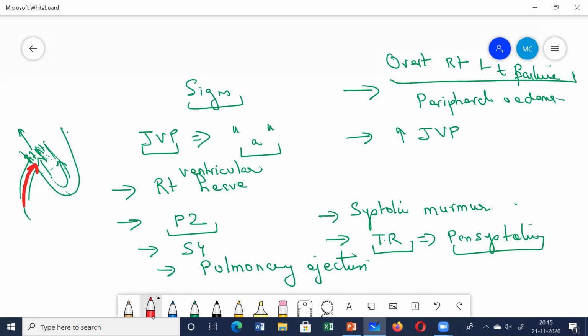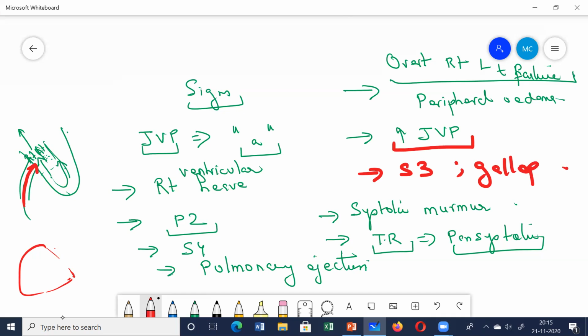Because of this, congestion occurs, peripheral congestion, like enlargement of the liver, a tender hepatomegaly. There will be cardiac enlargement and raised JVP. And as I told you, there will also be a right ventricular S3 heart sound, a gallop rhythm.